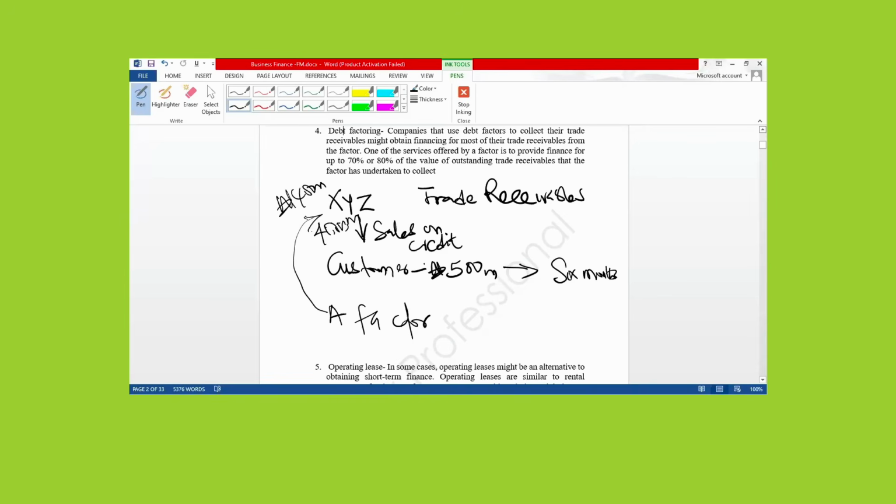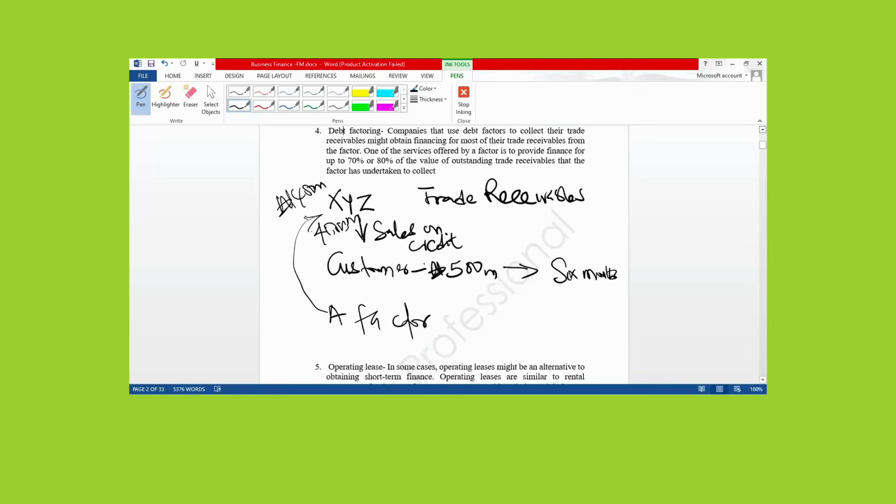The second question: when the factor collects the 500 million, reasonably, the factor will take his own 400 million. He will now remit 100 million back to the client.